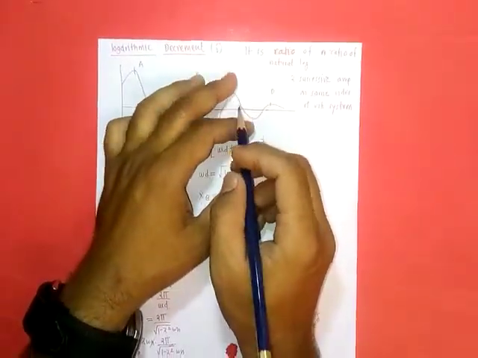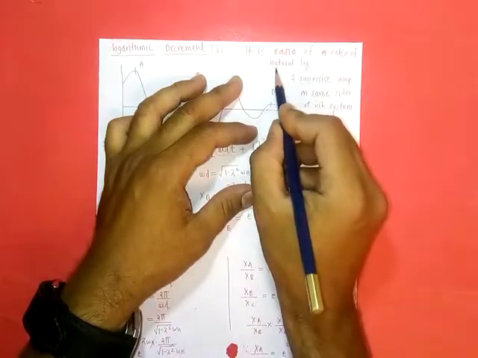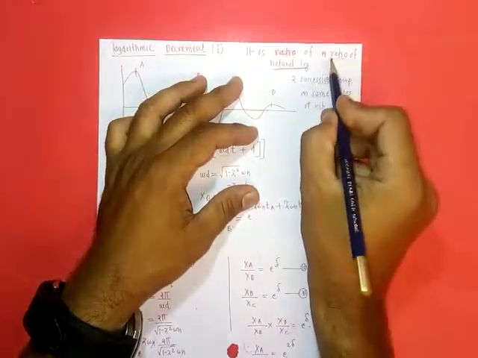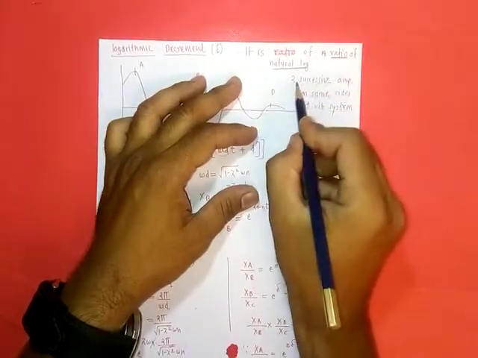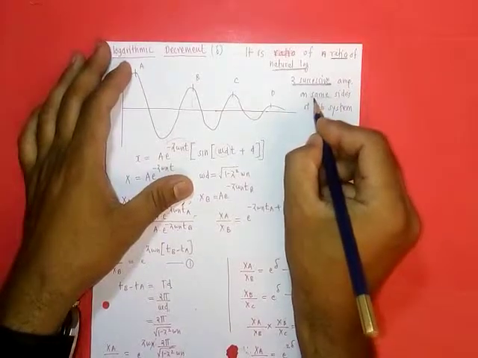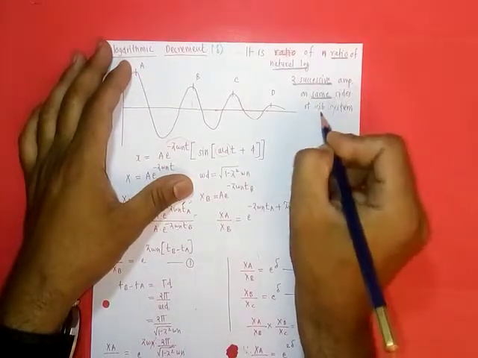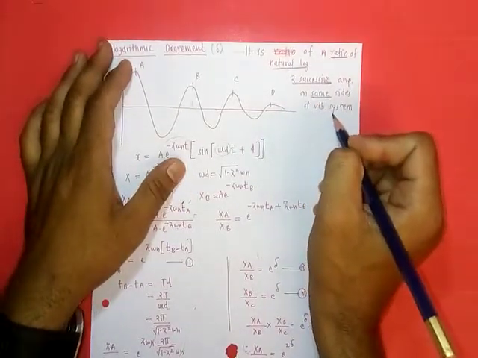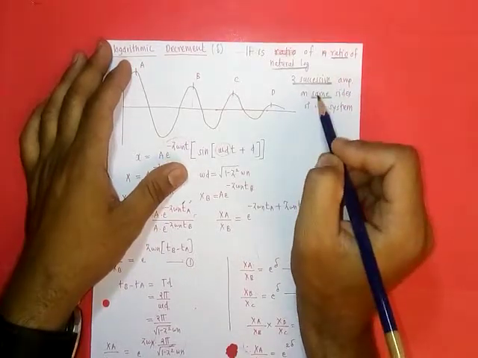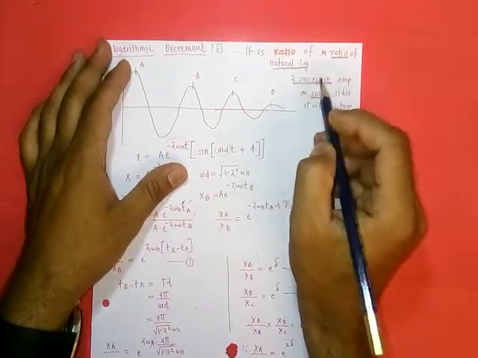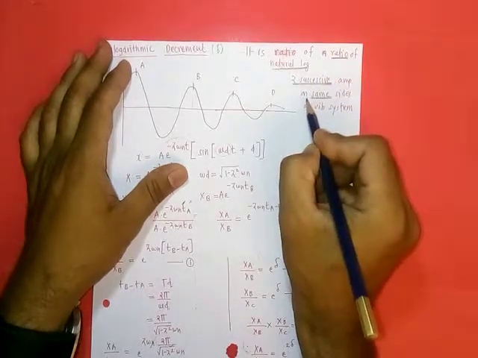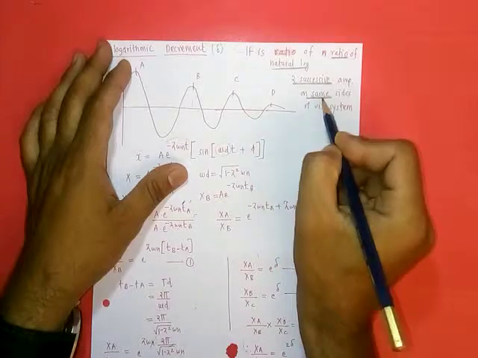It is simply defined as the natural log of the ratio of two successive amplitudes on the same side of the vibrating system. So that means it is a ratio of amplitudes, two successive amplitudes, and the amplitudes must be on the same side.